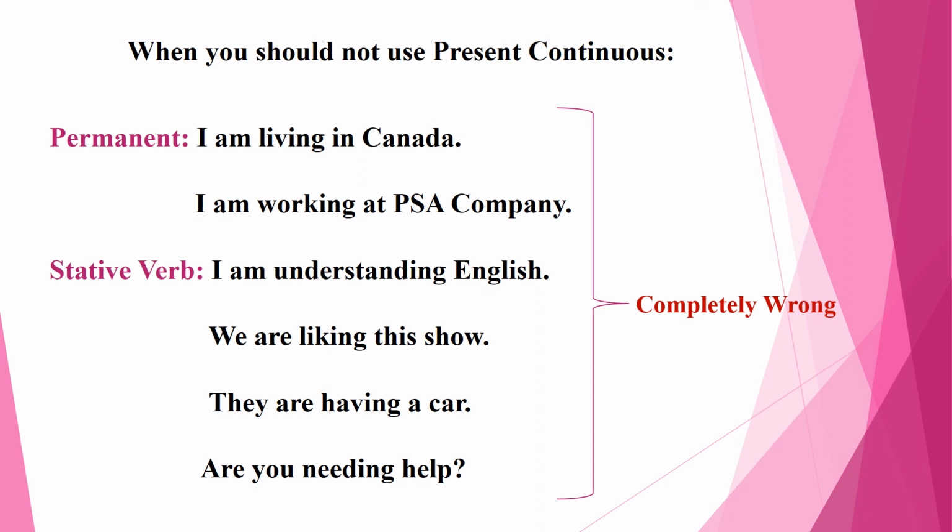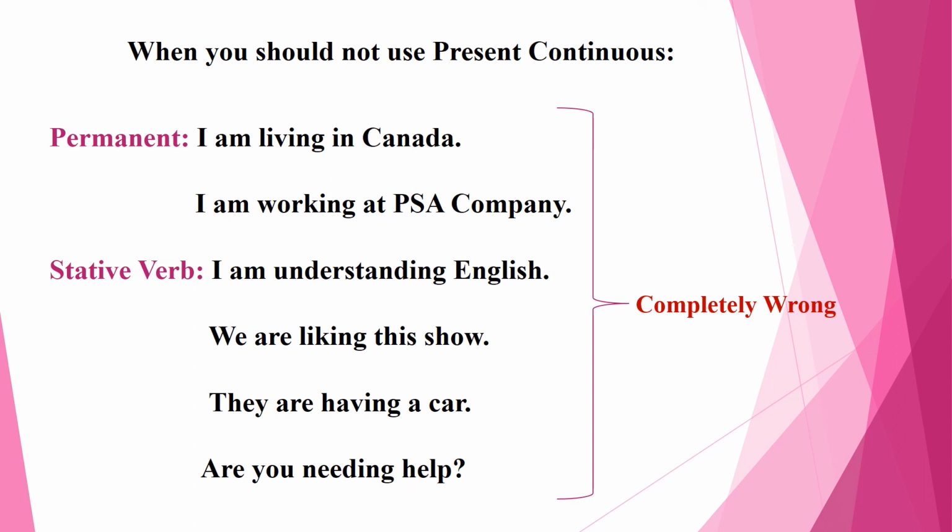I am understanding English is wrong because understand is a stative verb and it is something you do with your mind. So you should say I understand English. Similarly, if we say we are liking this show, it is wrong because like is a stative verb. So we need to say we like this show.